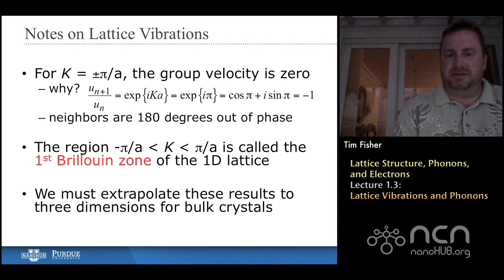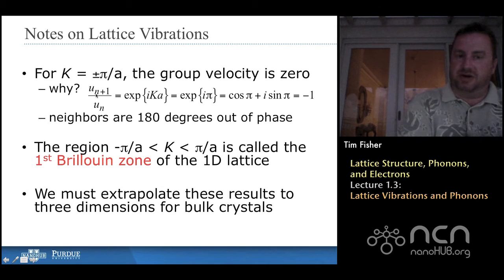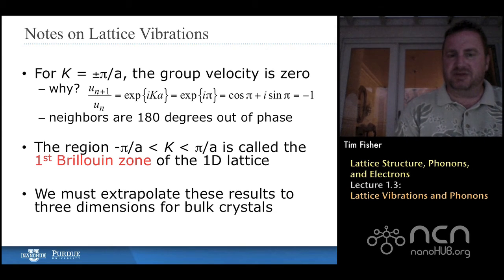And we see that here. And what that means, if we actually plug in our plane wave solutions for those specific points in k-space, pi over a, plus or minus, we'll see that we take the ratio of the displacements. Remember, our displacements were governed by this plane wave solution.